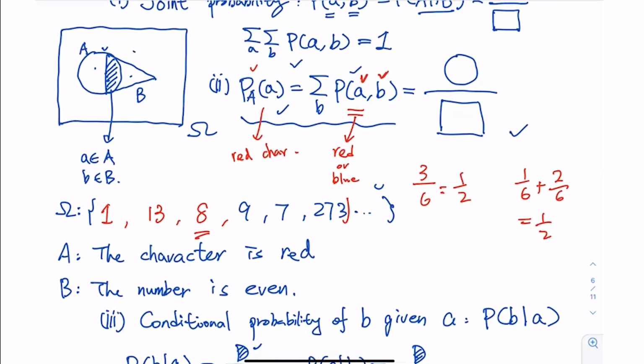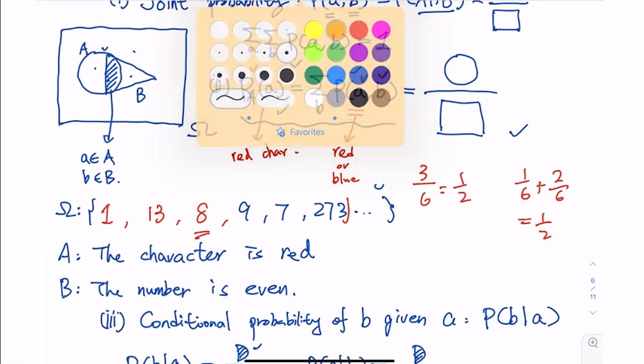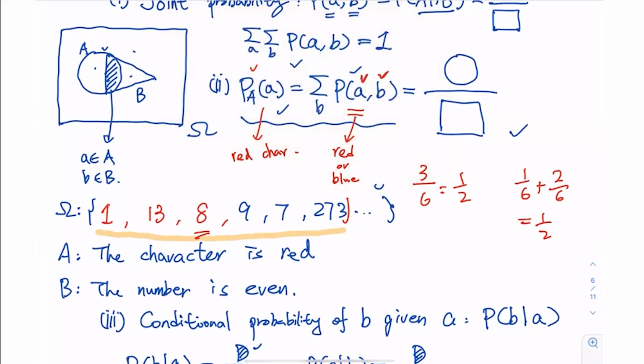So let's consider the very specific example where our event space is just these 6 numbers. You have the red 1, 13, and 8, and the blue 9, 7, and 273. So we have 6 elements.